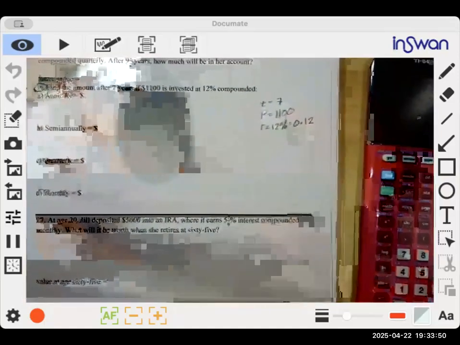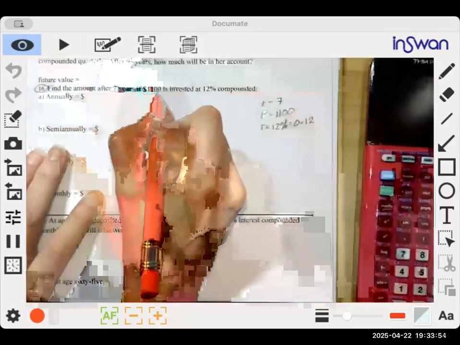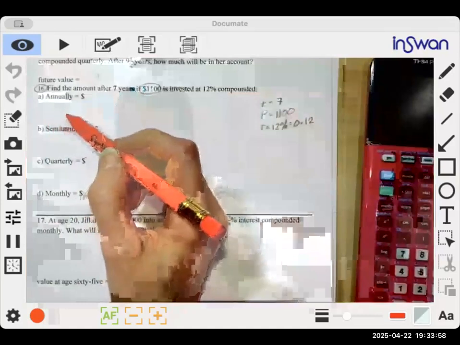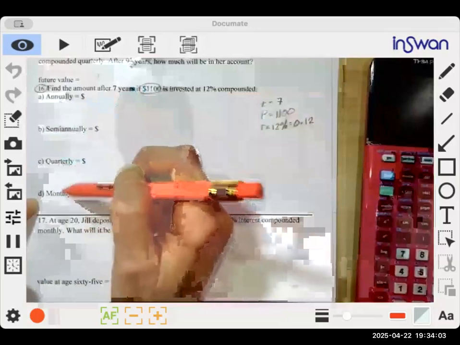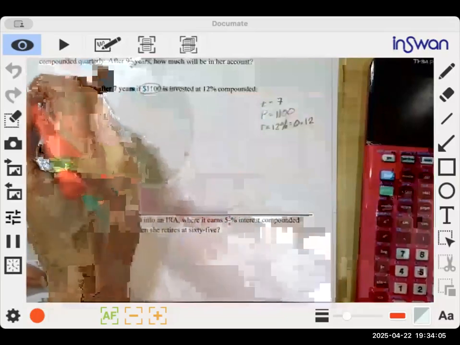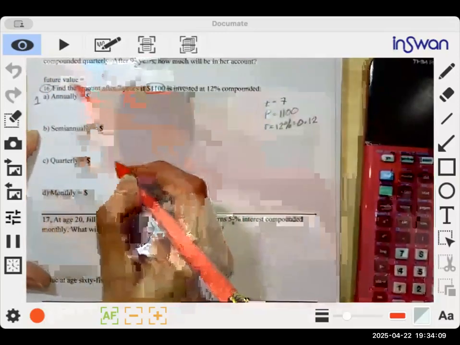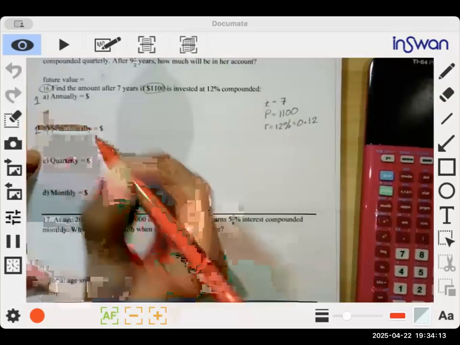Okay, so our principal, we're going to figure out the different amount of money for annual, semi-annual, quarterly, and monthly. So annually is 1 time a year. Semi-annually is 2 times a year.